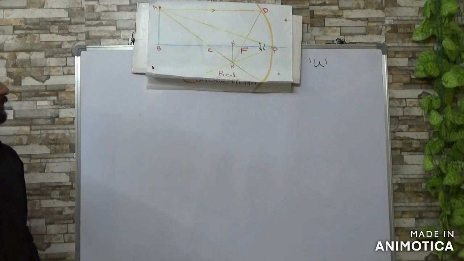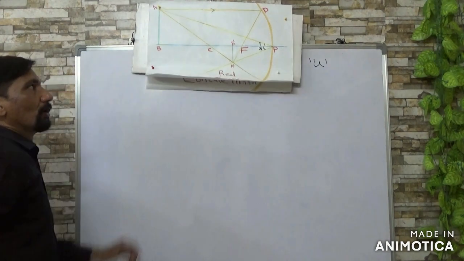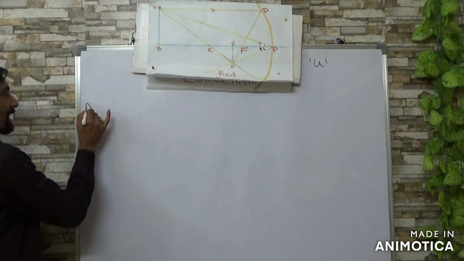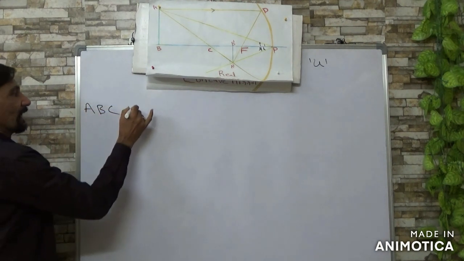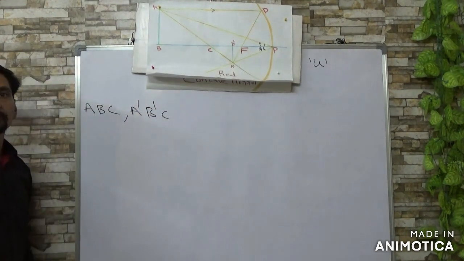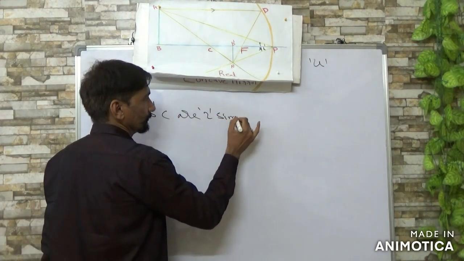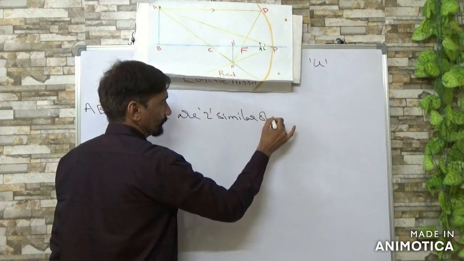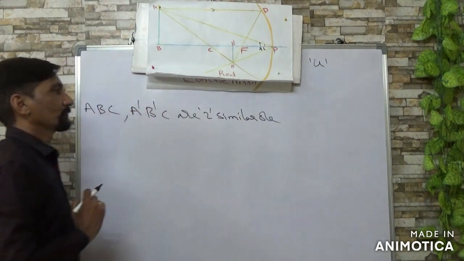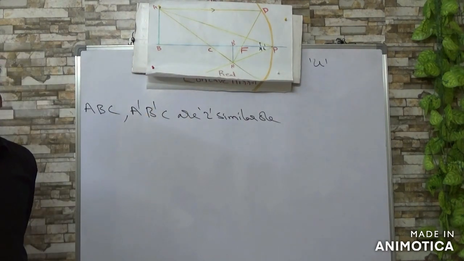Now if you notice, ABC and A dash B dash C are two similar triangles. Whenever two triangles are similar, the sides are equal in proportion.